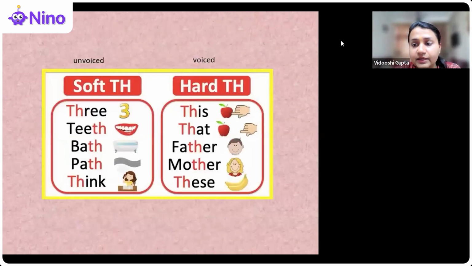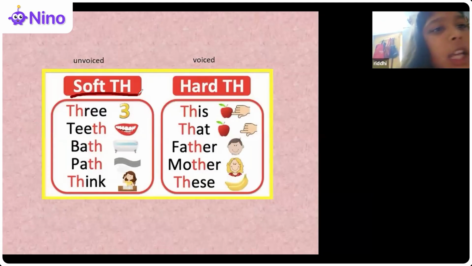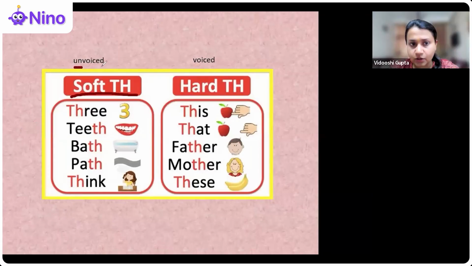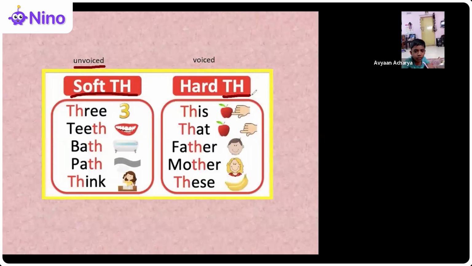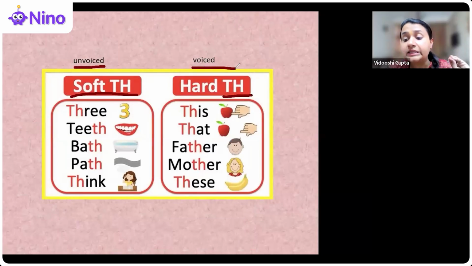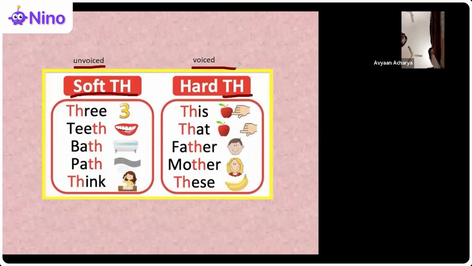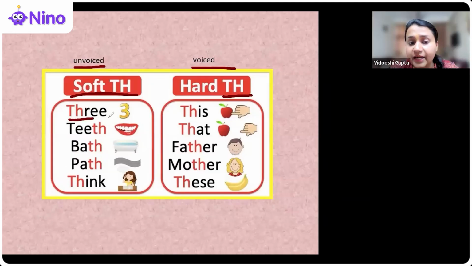Now this is the third that I was telling you about. When T and H come together, first it can make a soft th sound, unvoiced. Okay, th. It can make the hard the, that is voiced. The. Okay. Now for examples of soft th, like we say the number 3.